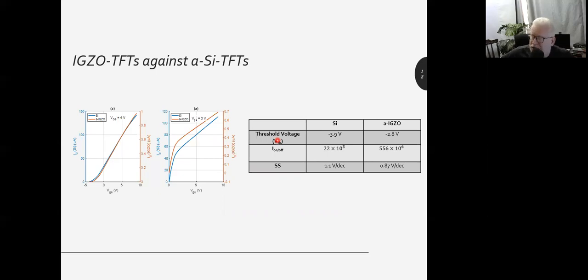IGZO is used in various applications. Maybe we already deal with such applications. For example, I believe all our mobile phones now include fingerprint sensors. This fingerprint sensor is mostly fabricated with IGZO.